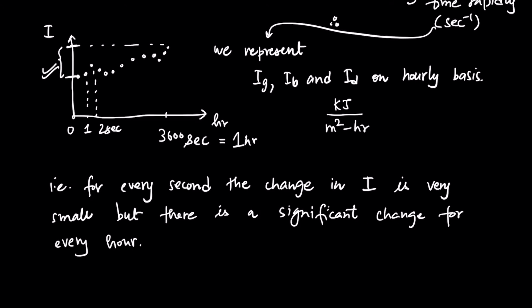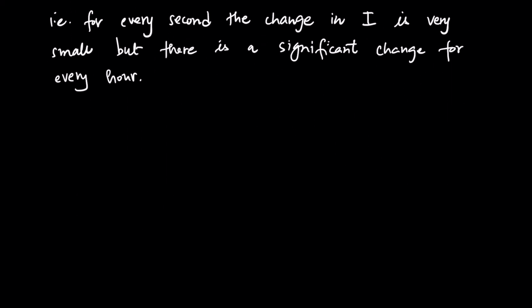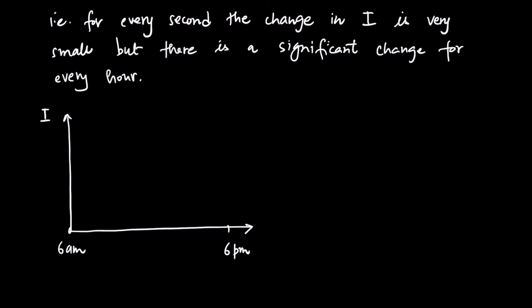Now let us try to draw the graph for 1 day. This is 6 a.m. and 6 p.m. Let us suppose at 6 a.m. the intensity of the radiation, I'm talking about the global radiation, has this value and it changes accordingly.